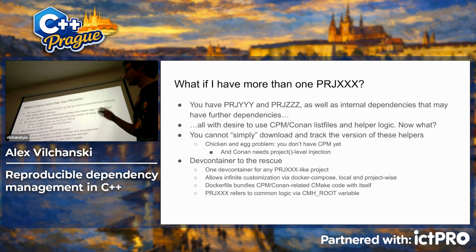And here is a classic chicken and egg problem, where you don't have CPM yet and you want to download something that would contain CPM in itself or a common provider, but you don't have that yet. And also there is a further issue that you can only inject things into the top level project include once.